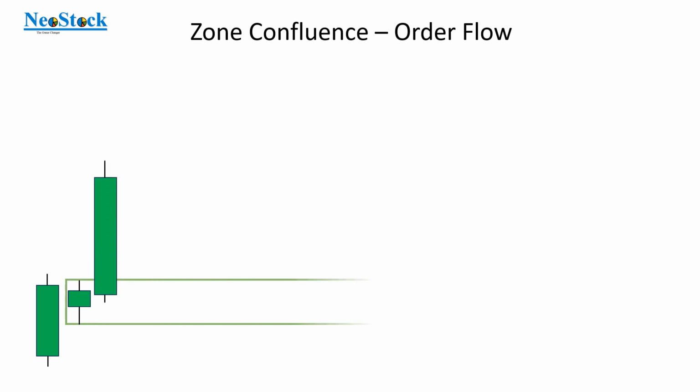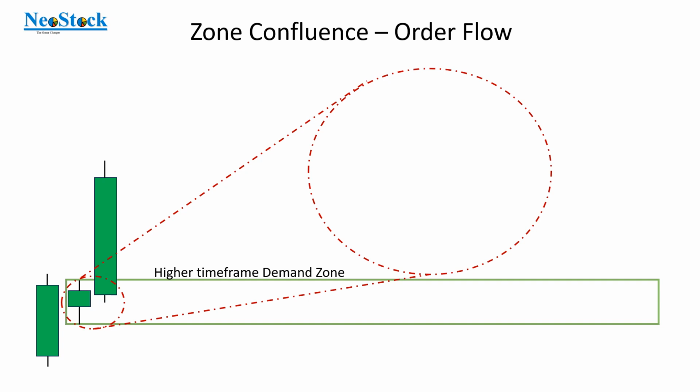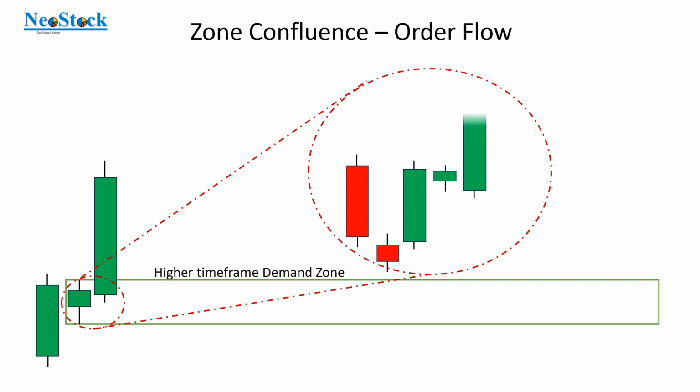If you look into this example, we have a higher time frame, and within this area, let us assume we are going one time frame below. Let us zoom into that area. See here how the order flow is in this example in the lower time frame.